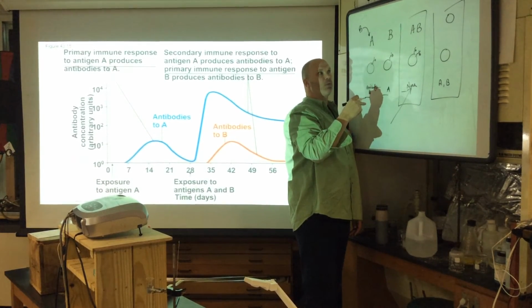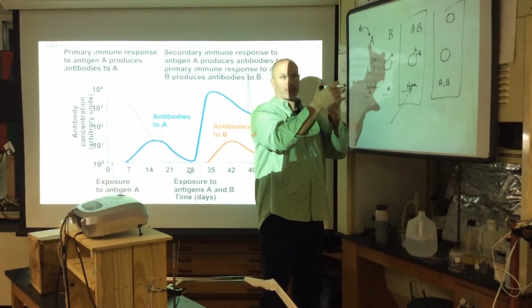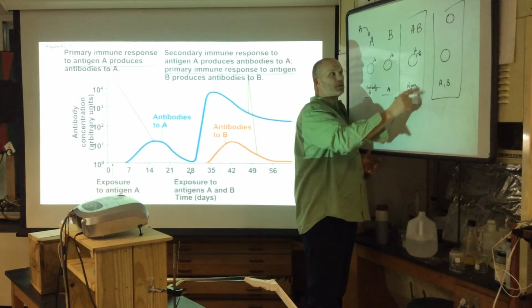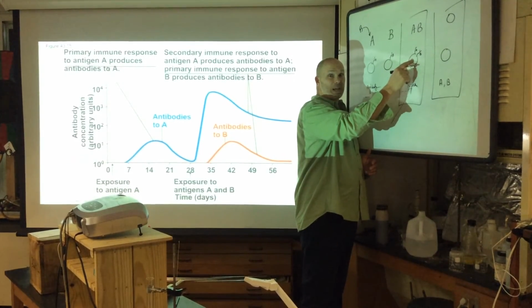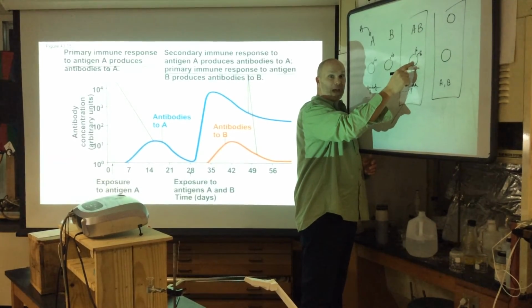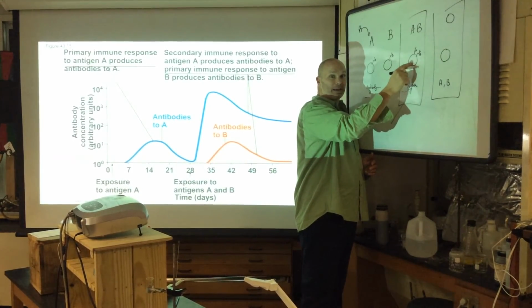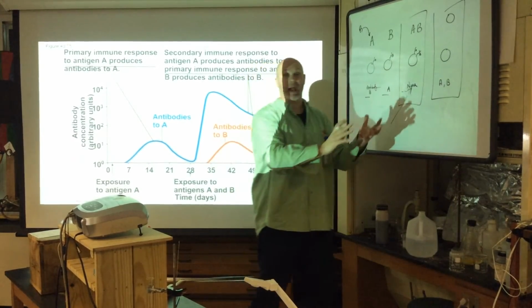Well, yeah, sure. AB can accept AB, but it can accept all types as well because it doesn't produce any antibodies for these different receptors, because if it did, it would be killing its own cells, and that cannot be allowed in the thymus. The T cells get killed off. Cell-mediated death. There's a great example of that here.